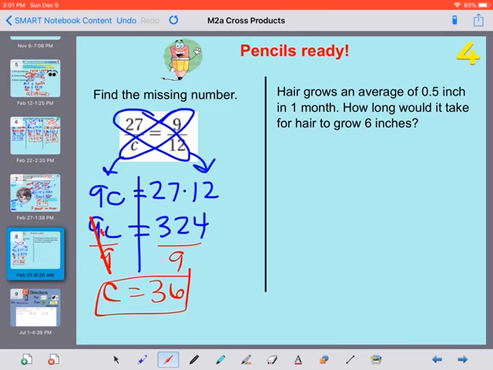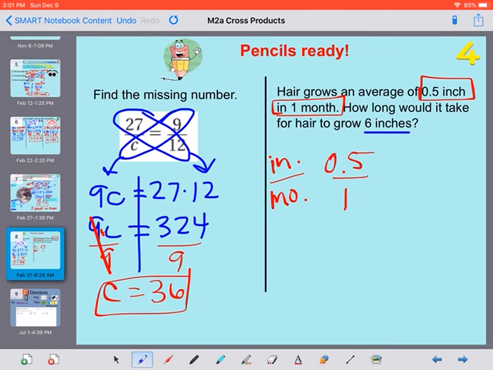And on this one, it says hair grows at an average of 0.5 inches in 1 month. So inches per month, it would be 0.5 inches for 1 month. How long would it take for your hair to grow 6 inches? So inches are on the top.